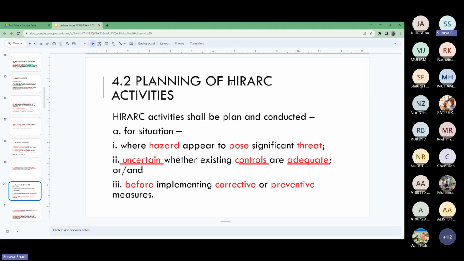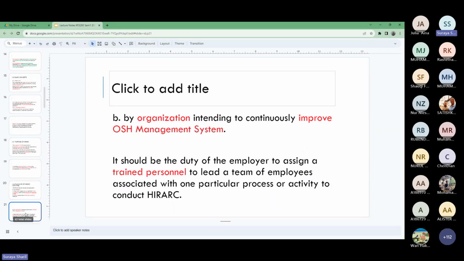So planning of HIRARC activities. HIRARC activities shall be planned and conducted for a situation where hazards appear to pose a significant threat, where it is uncertain whether existing controls are adequate, before implementing a corrective and preventive measure, and by organizations intending to continuously improve on the health and safety management system.